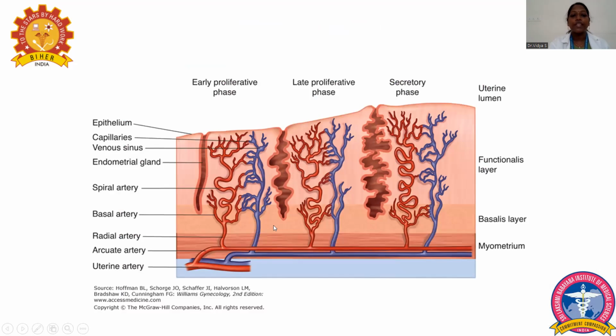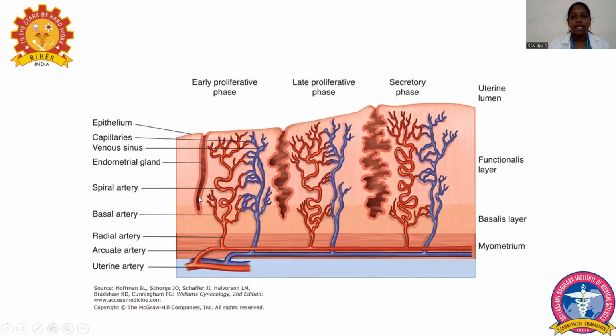So this picture shows the difference between the three different phases. The first one, we can see the early proliferative phase, where the arteries, the basal artery, the endometrial gland, the spiral artery, you can see here it is somewhat spiral and tortuous. But compared with the glands, it is longer.